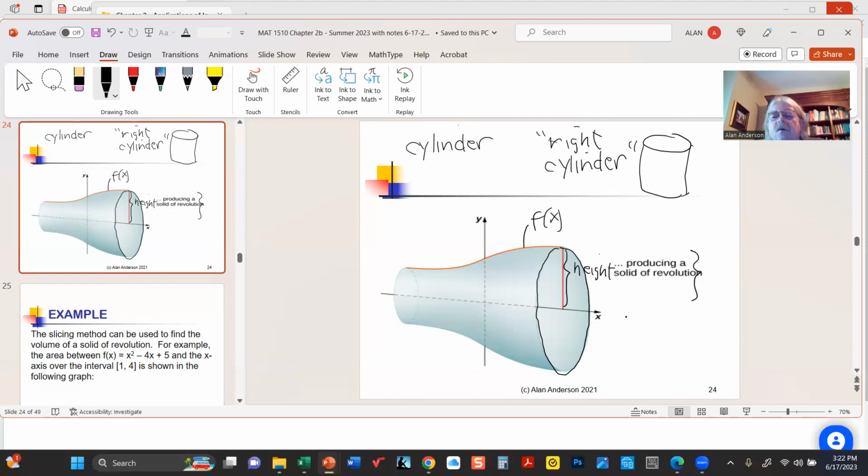So that's the radius of the circle, which is itself the cross section of this shape or solid. Now that is going to help us figure out the appropriate volume.